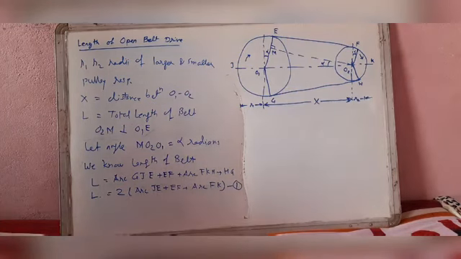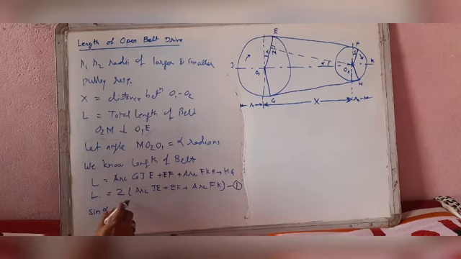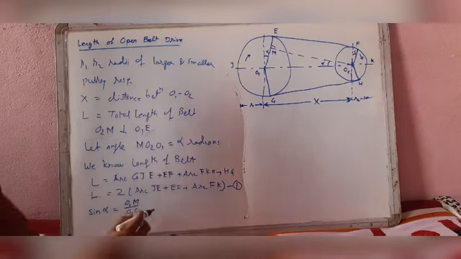Now from the geometry of the figure, we find that sin alpha equals O1M by O1O2.